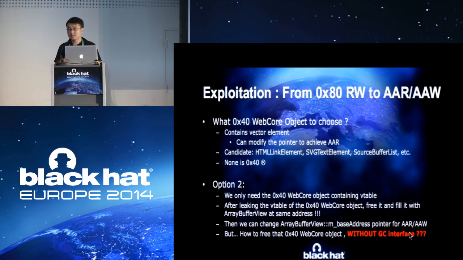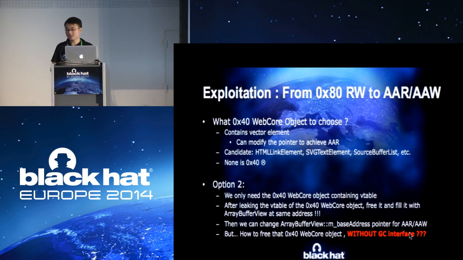A typical case is that you need an object containing a vtable as well as a vector element, so that you can put a pointer to that vector to achieve the AAR. Good candidates, for example, are HTML link element, the SVG text element, and the source buffer list, etc. But none of them is 0x40, so that's not a good option.